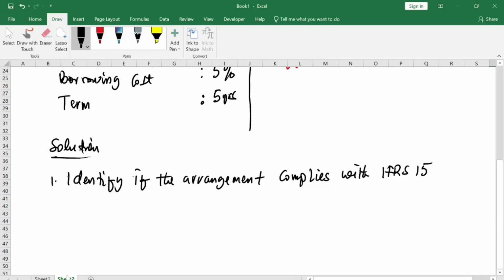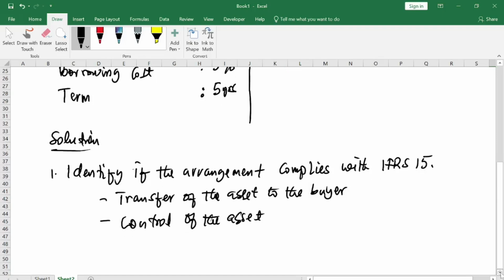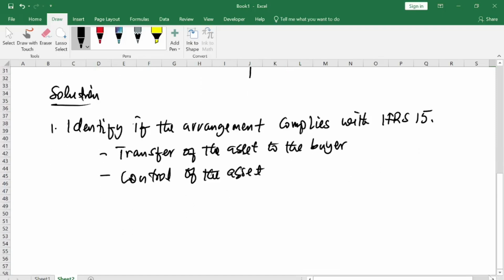It means find out whether there is a sale. When there is a sale, there should be a transfer of the asset to the buyer, and the buyer has full control of the asset. When these elements are present, it means the asset is sold.